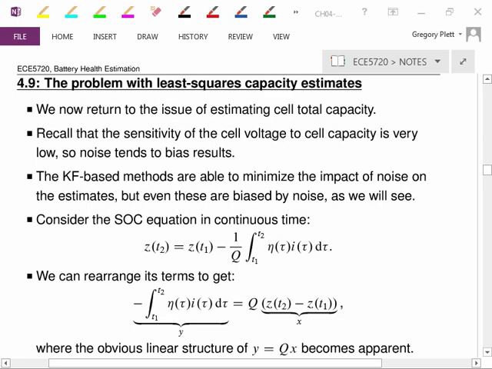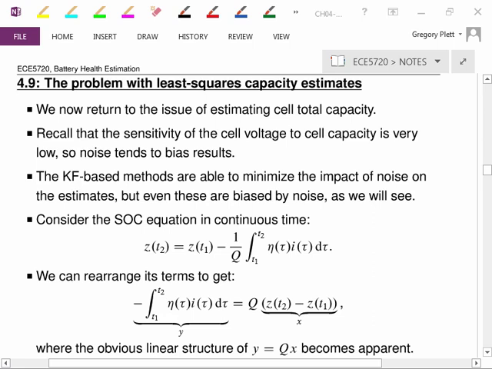For the rest of this chapter, we look at estimating cell total capacity. We've seen some methods for estimating capacity so far, such as the Kalman filter methods. But we're going to find out that these methods are biased and what that means and why that is.